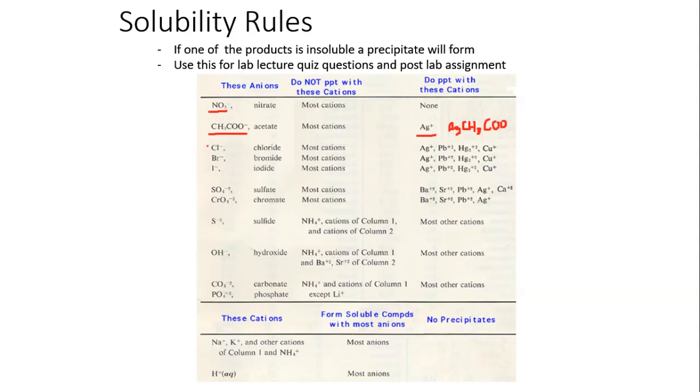Now the halides, which are your chlorides, bromides, and iodides, there are 4 cations that are insoluble. All other cations are soluble. Again, these are referred to as halides because they contain group 17 anions.